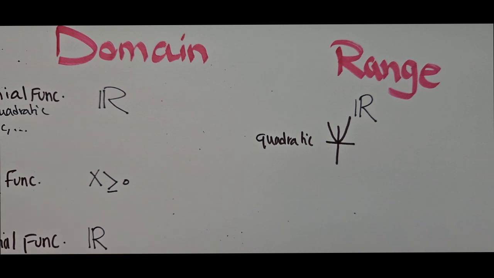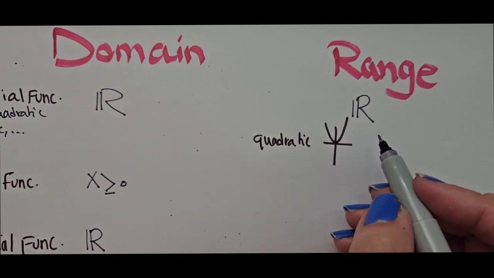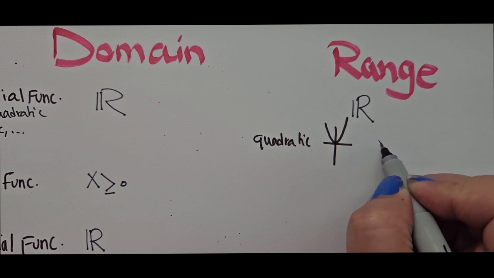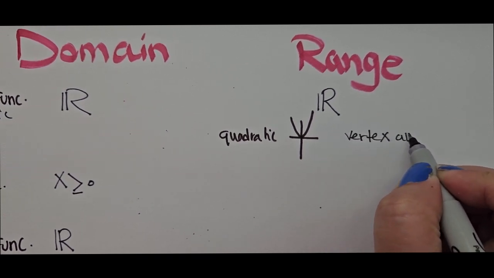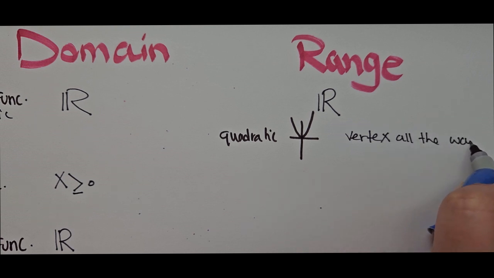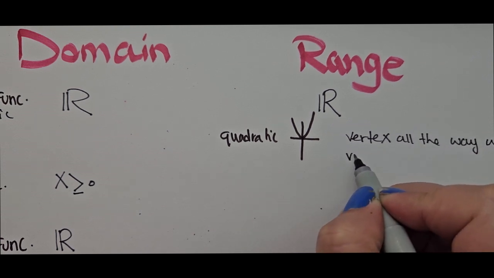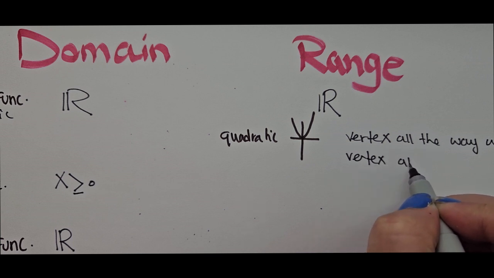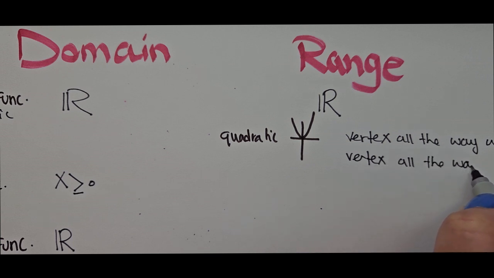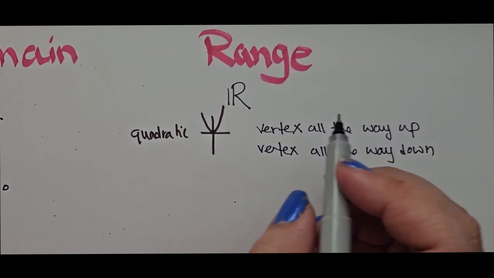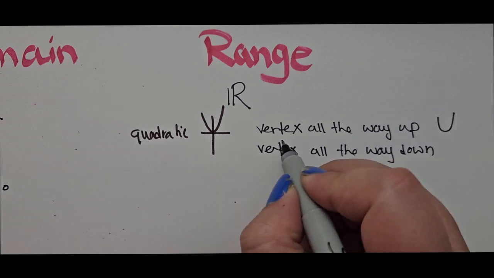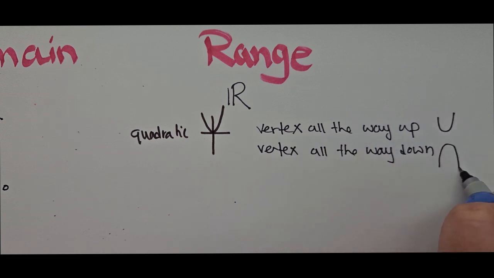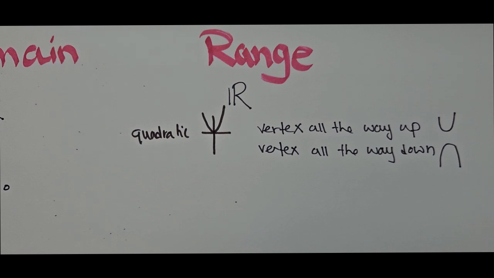So your range would be from the vertex all the way up, or from the vertex all the way down, depending on the shape. If it's upward, it would be all the way up. If it's downward, it will be all the way down.